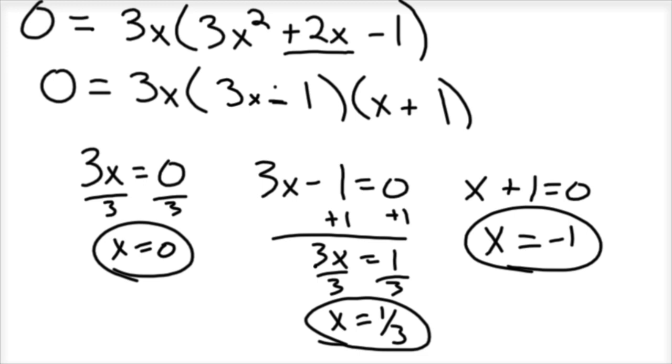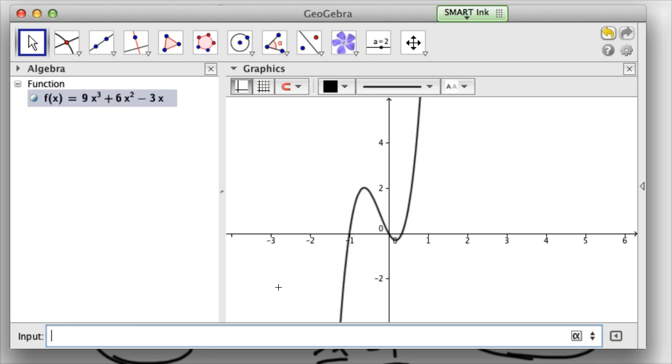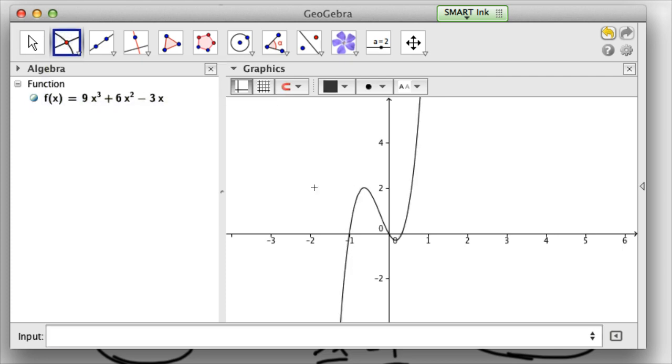Okay, and I'll go ahead and graph that just to show you that on the x-intercepts. So again, I stuck it in the input here for GeoGebra, hit enter, and here again, notice it crosses the x-axis in 3 places. So I'll intersect 2 objects again.